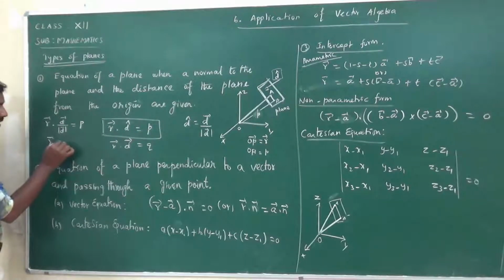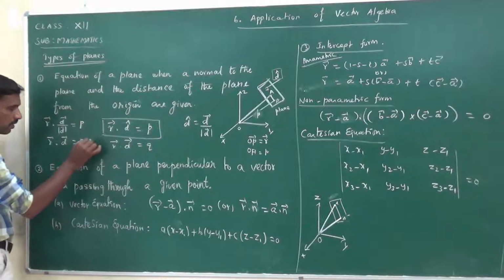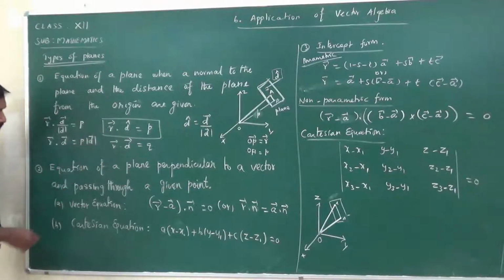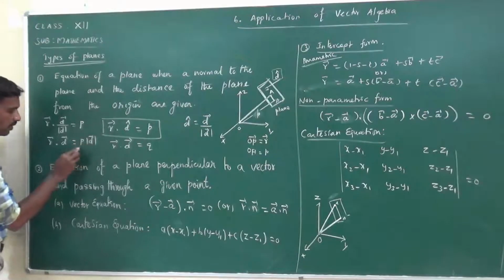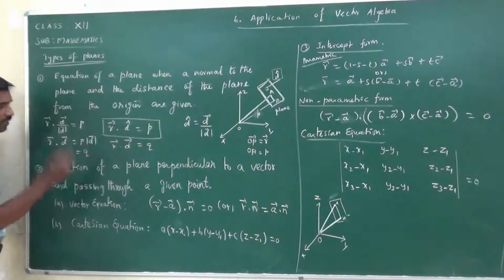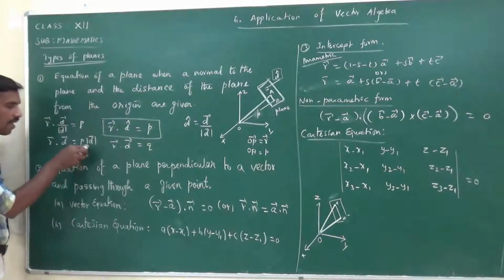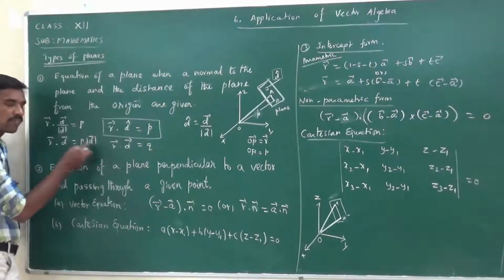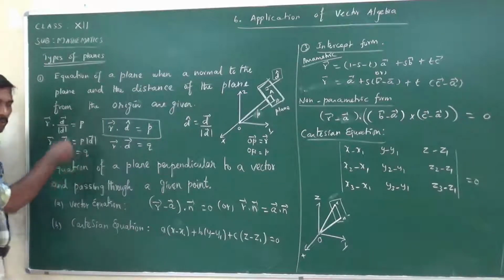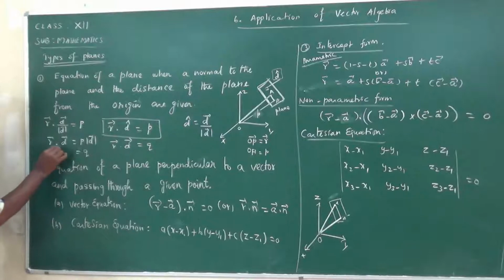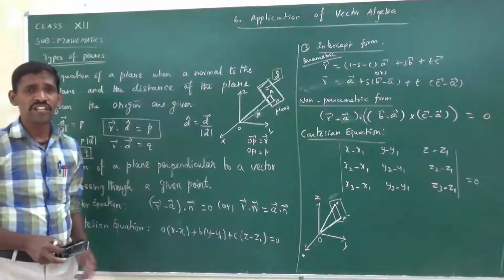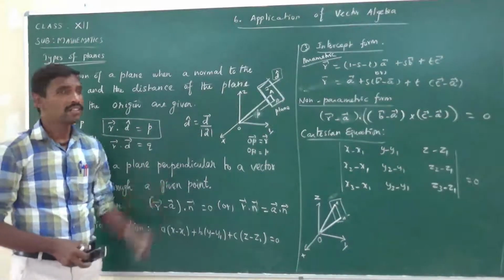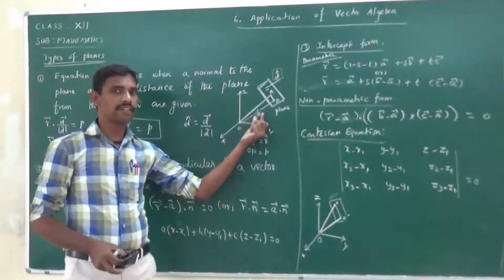Then r vector dot d vector is equal to p into magnitude of d vector. Now p into magnitude of d vector gives a scalar value, which is q, because magnitude of d is a scalar and p is also a scalar, and the product of two scalars is another scalar. So r vector dot d vector is equal to q. This is the formula for finding the equation of a plane when the distance is given.